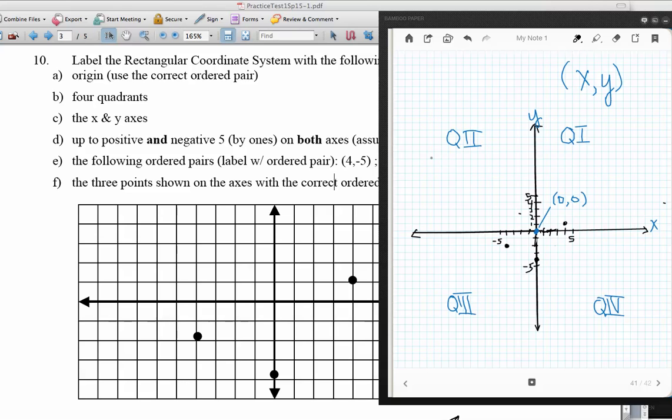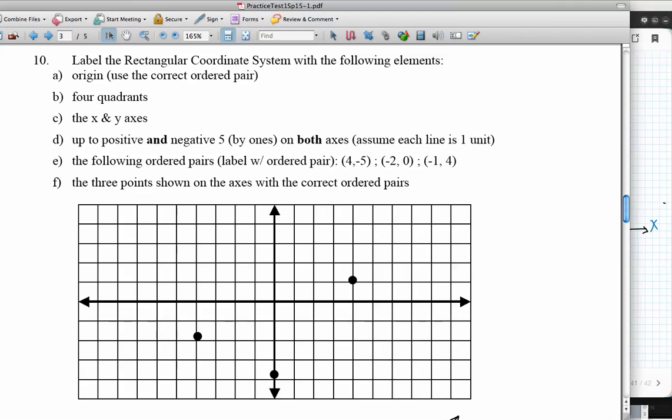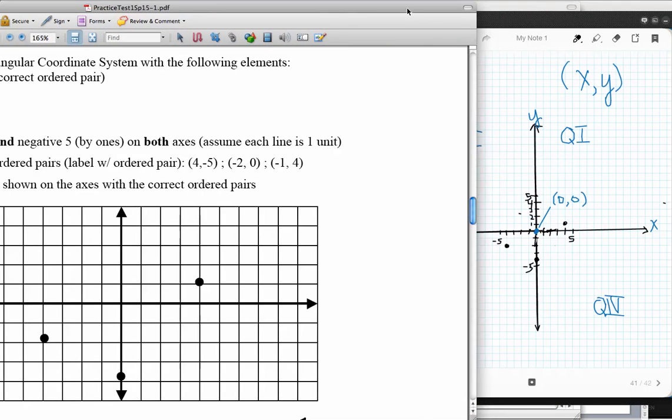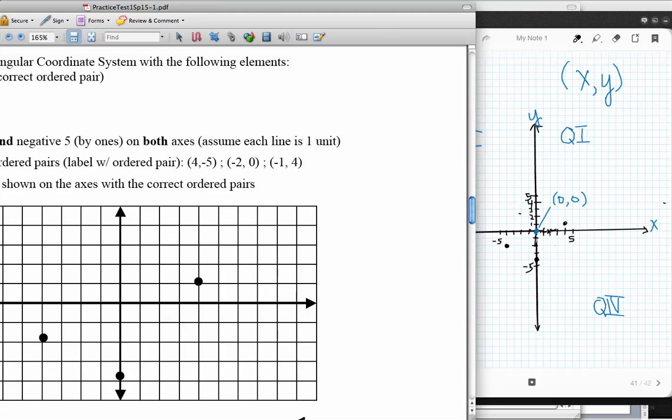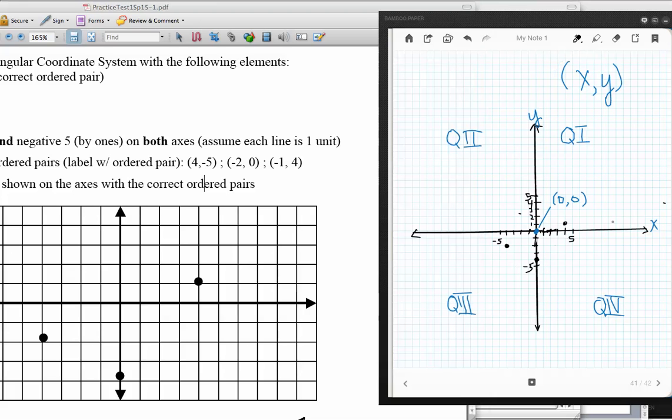And then it says that I'm supposed to plot the following ordered pairs and label them on the coordinate system. So I'm going to plot 4, negative 5. So x is equal to 4 and y is equal to negative 5.